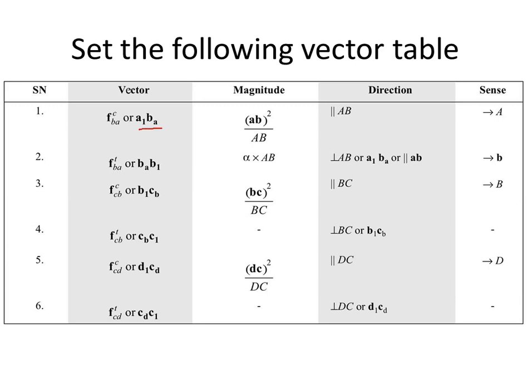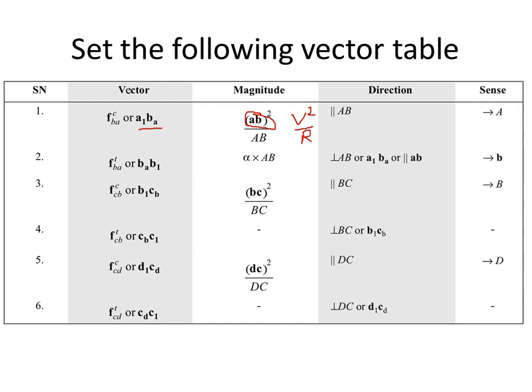Whenever you have to get the centripetal part, you use the formula: the velocity vector you have drawn, AB, squared, divided by the length of the link AB. AB, what you got, is nothing but velocity, so this becomes V square by R, the same formula, where R is the length of the link AB.